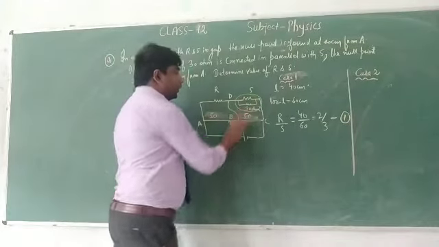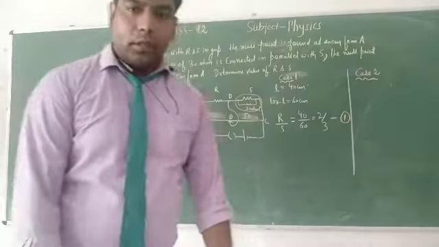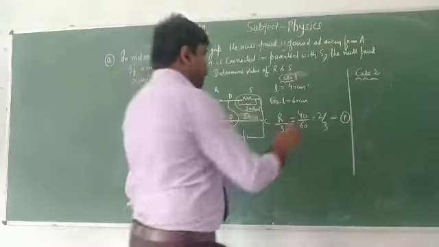Next, the parallel combination of S and 30 is S dash.